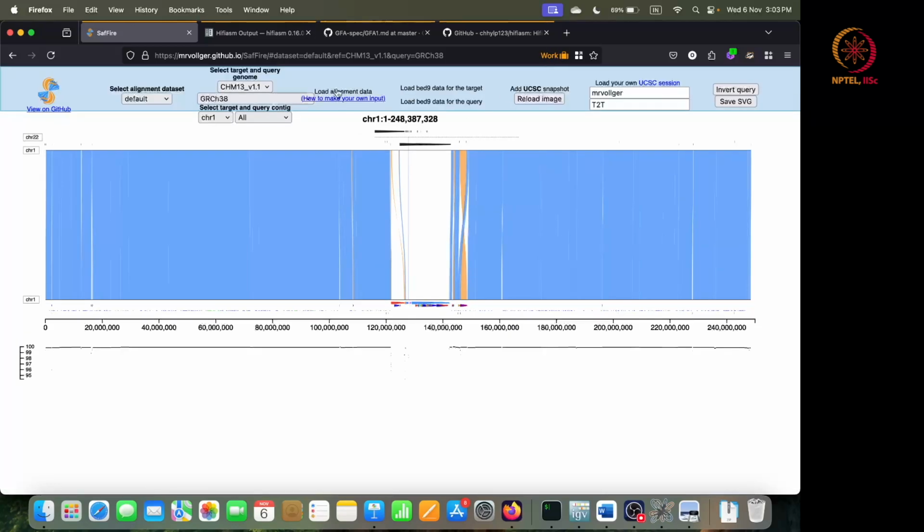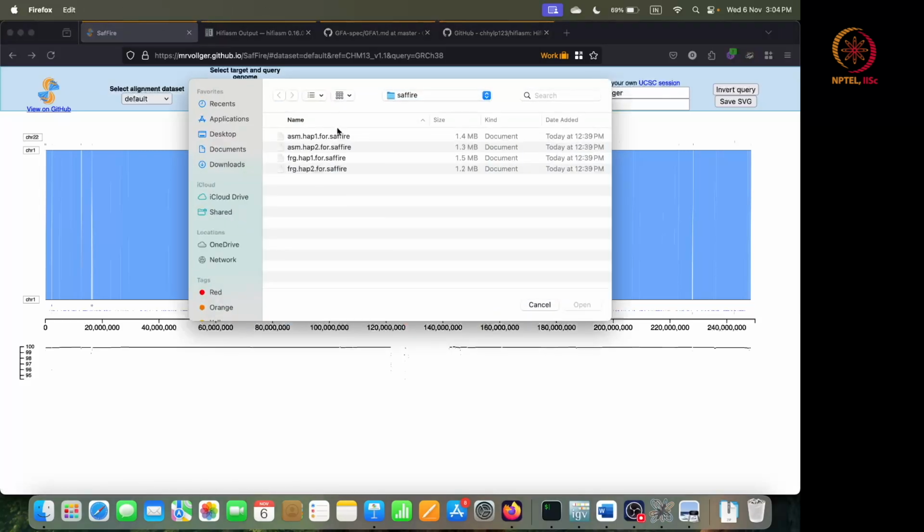We can load our own alignment data. However, creating the input for this format is not very straightforward. However, if you have a BAM file, you can click this link to see how to generate the alignment data, which can be used by this tool Sapphire for visualization. So, for now I will load the alignment data.